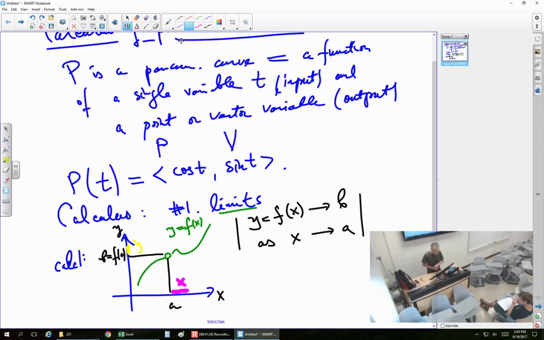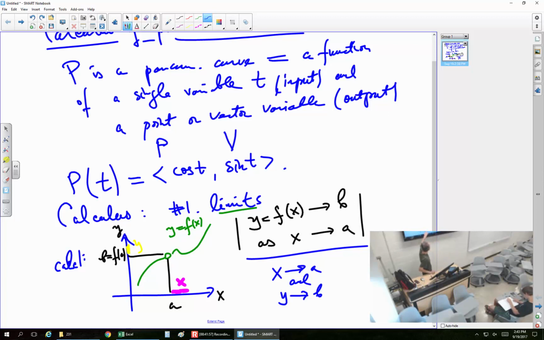Maybe not. This time we have a dependence of x on t and y on t. So it will be exactly the same, except I will write it this way: x approaching a and y approaching b.